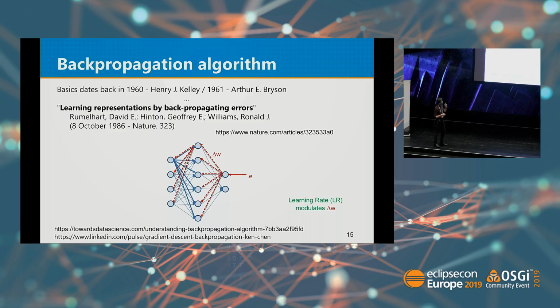And it consists basically of using the error to backpropagate changes in the weight domain from the output layer back to the input layer. So that is the reason for the name.